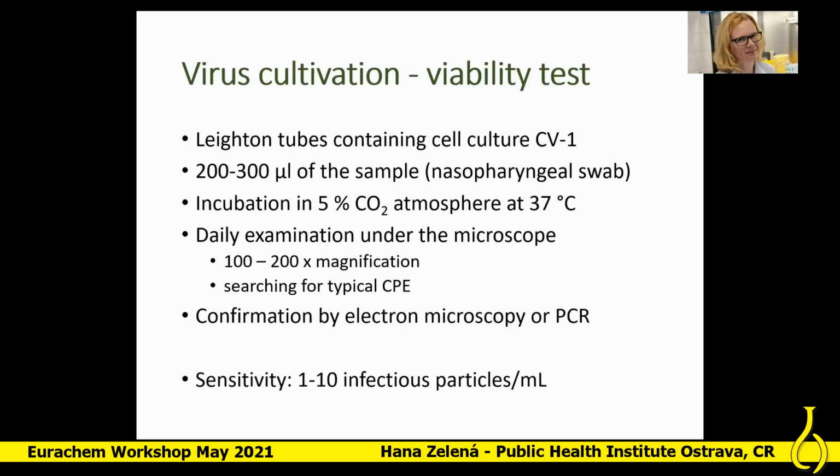We perform this viability test in tubes which contain a sensitive or susceptible cell culture from monkey kidneys, CV1. Then we add to each tube a small amount of the sample from the nasopharynx. Then we incubate this mixture in a thermostat at 37 degrees and 5% carbon dioxide.